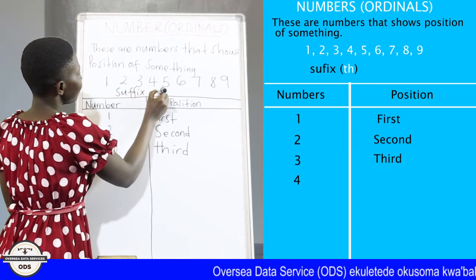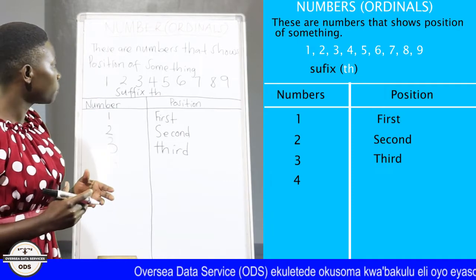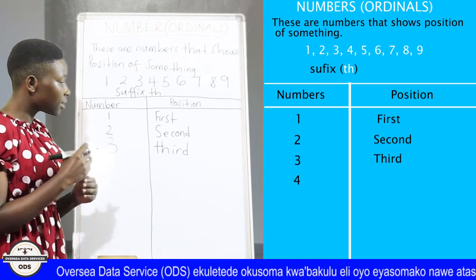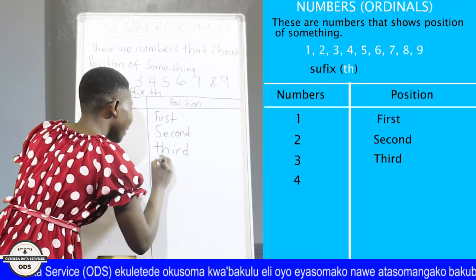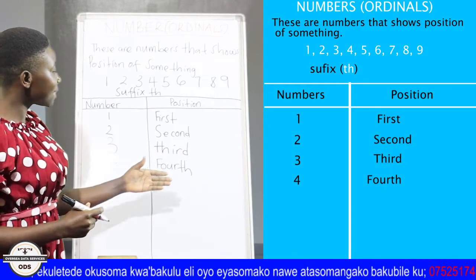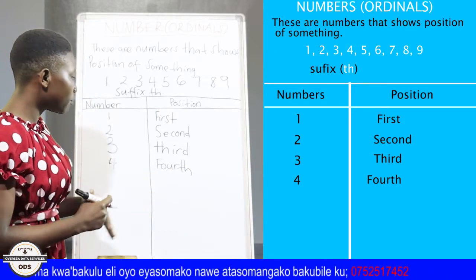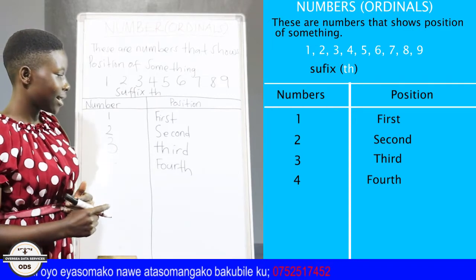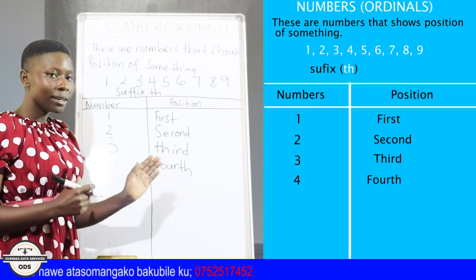The suffix, as I told you, is letters you add onto a word and it changes its pronunciation. So for 4 we add the suffix th and continue onwards. You write the word 4, then add your suffix th, these letters th, and it changes the pronunciation. Now it is fourth. When you're positioning number 4, it is fourth.